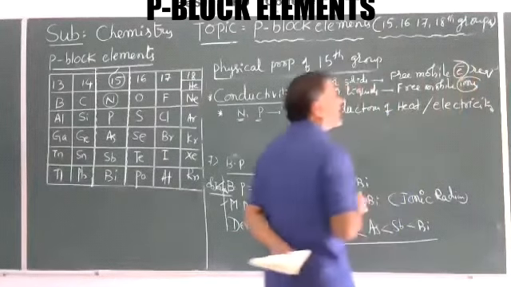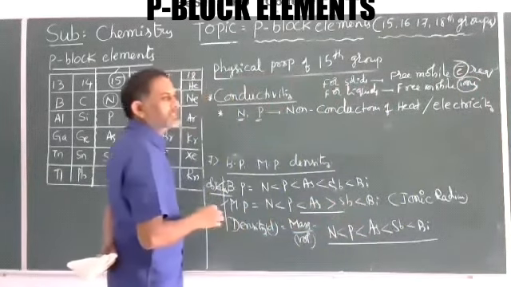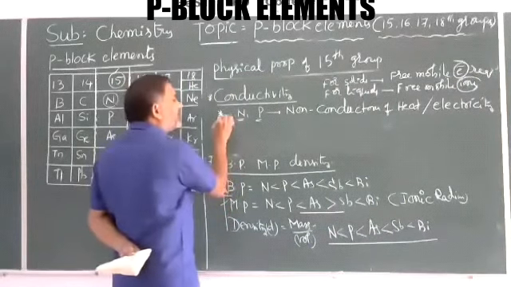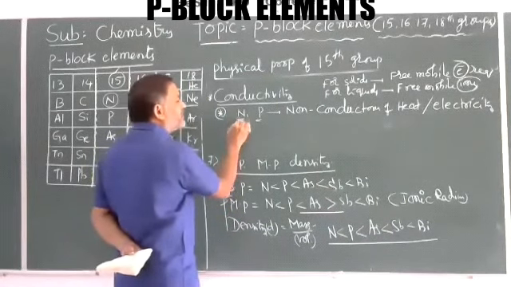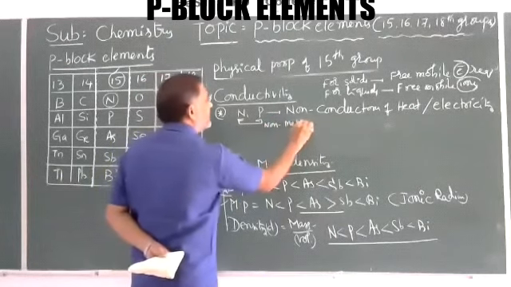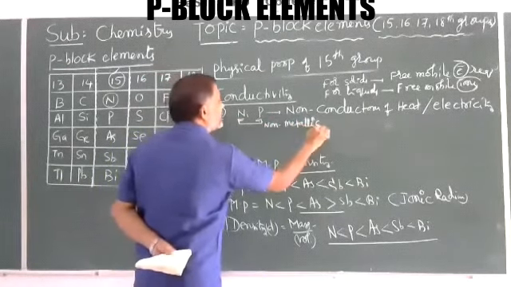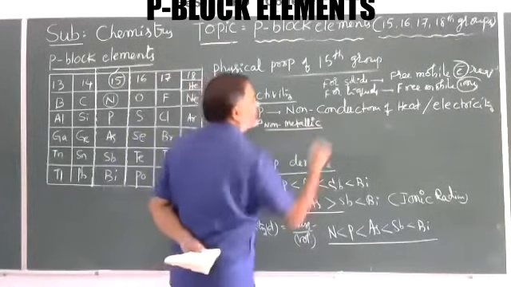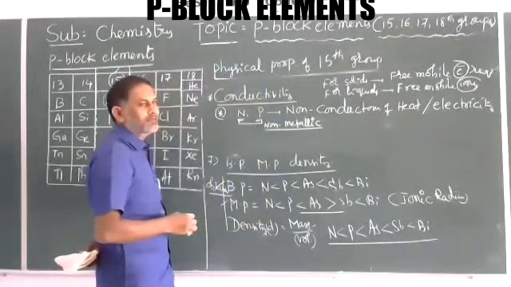Ions and electrons are responsible for conducting electricity. So nitrogen and phosphorus, which are non-metallic substances, are non-conductors of heat and electricity.